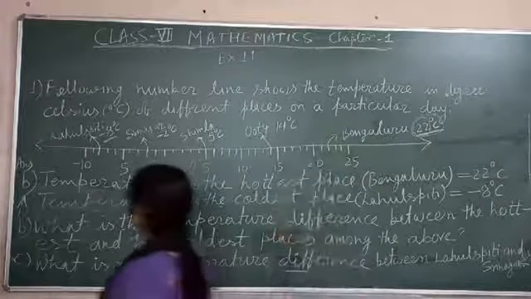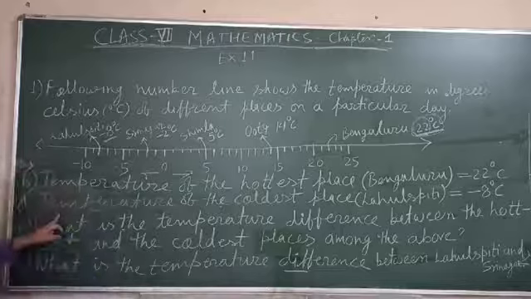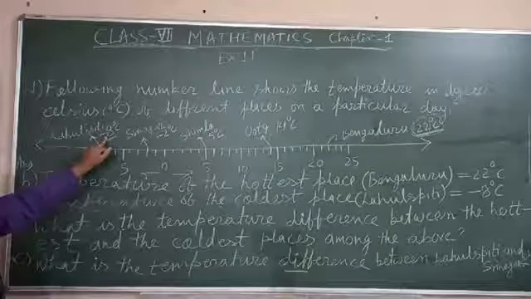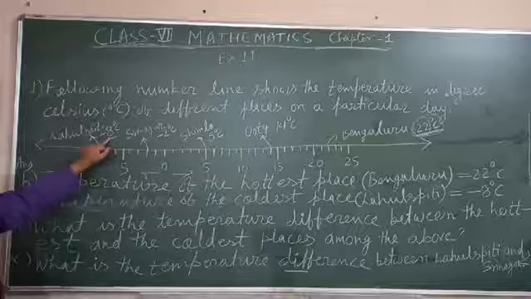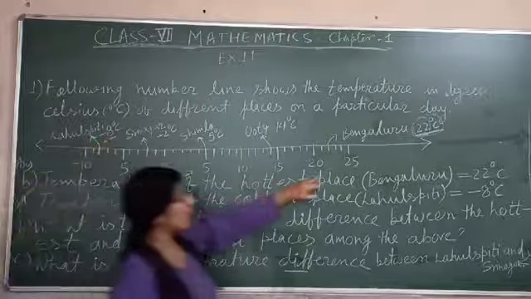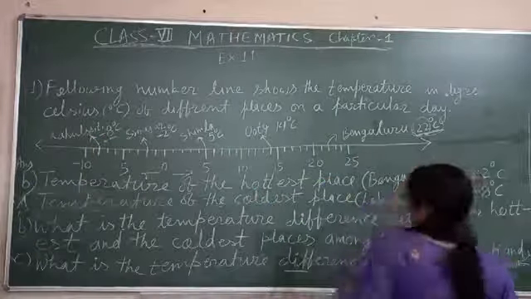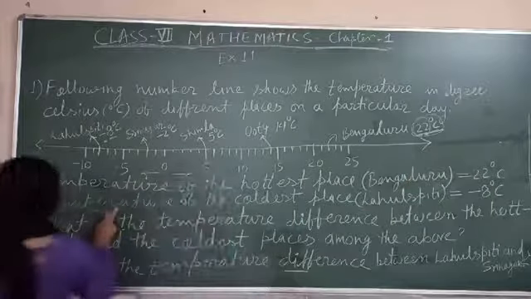Okay, temperature of this place is -8 degrees Celsius. This is the minimum temperature here, and this one is the maximum temperature here. So you will write like that.